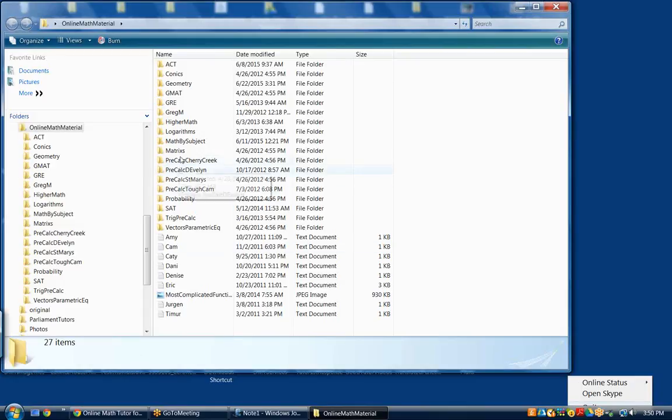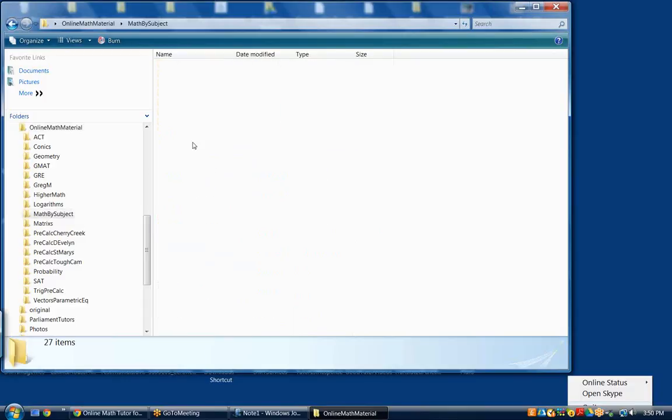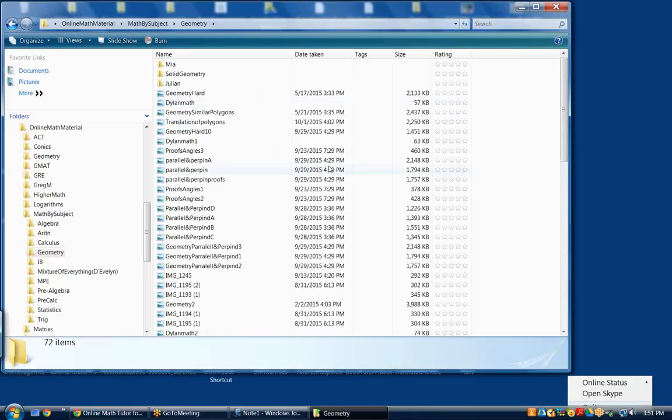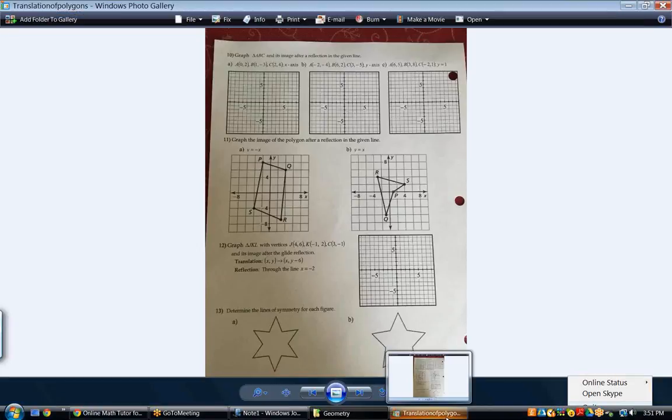Do you have any material? Let's see. Yeah, I do. Go ahead. Hold on before you send it to me. Translations of polygons. Yeah, this was the first worksheet we had. You want to go over this one?